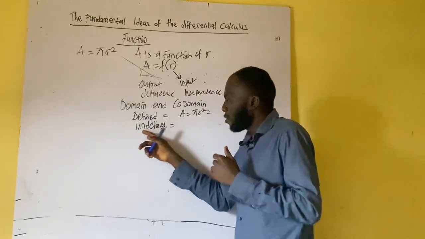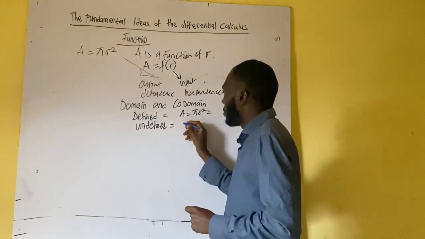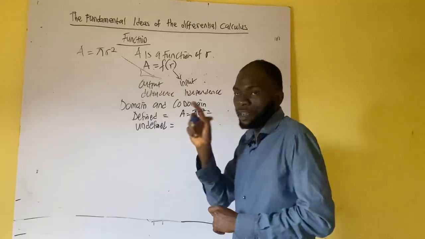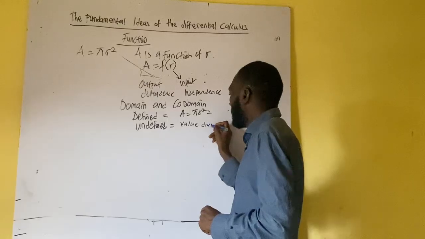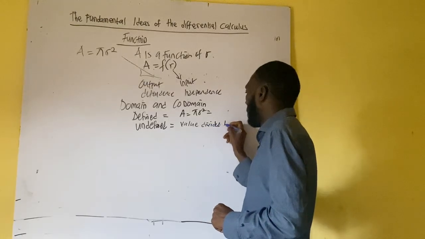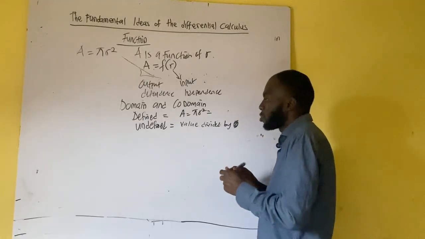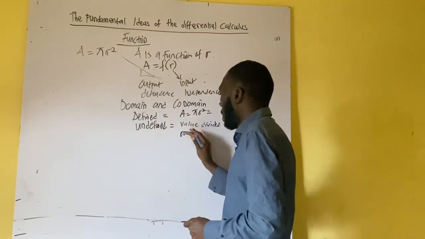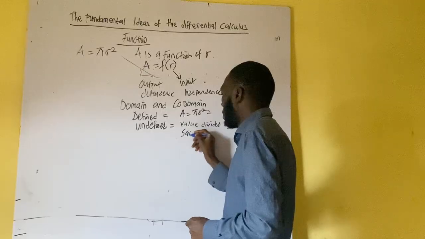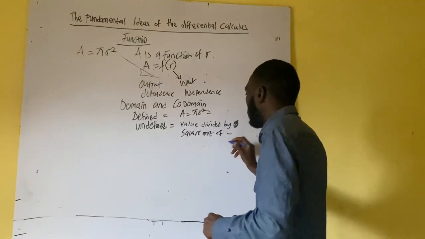It is when we have undefined. Undefined means that if we have any value divided by zero, that thing is undefined. Or the square root of a negative value.